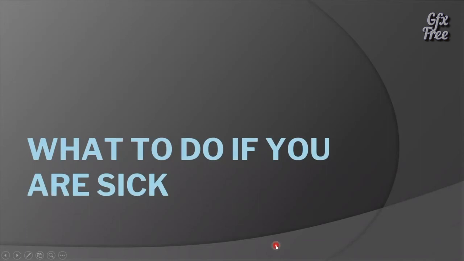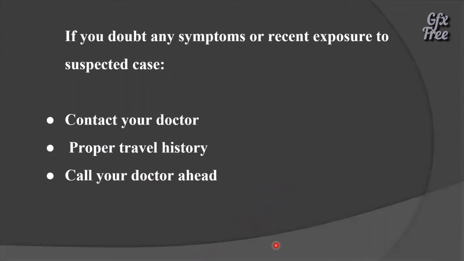What to do if you are sick with COVID-19? If you suspect any symptoms or recent exposure to a suspected case, then contact your doctor or nearby healthcare workers right away if you have COVID-19 symptoms and you have possibly been exposed to the virus or had any possible contact with an infected person.